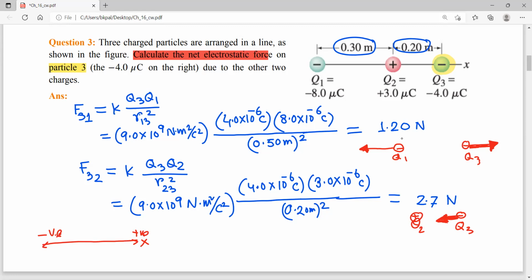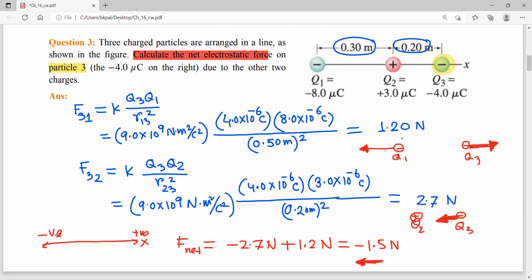To the left means negative, so the net force will be negative 2.7 Newton plus positive 1.2 Newton, so it will be negative 1.5 Newton. That tells us the direction of the net force is to the left.